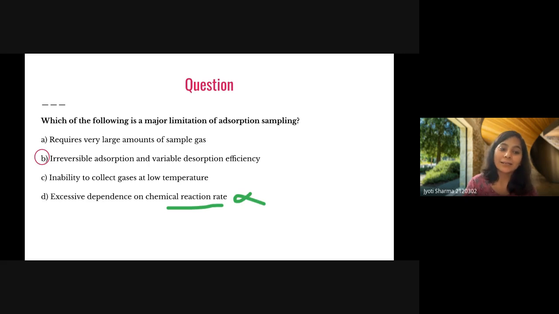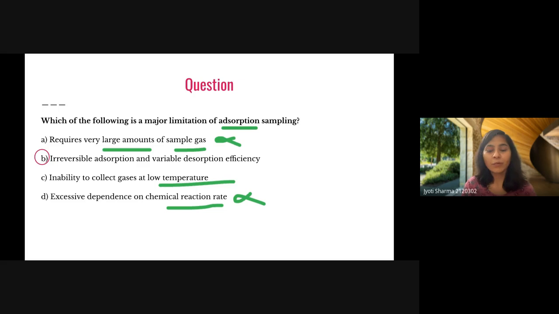And if we are having the adsorption, then there is a negligible impact of temperature on that, and it requires a very high amount of sample gas. No, this is again not the case.